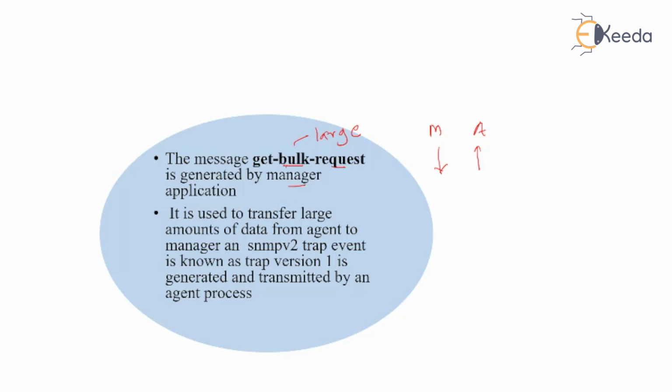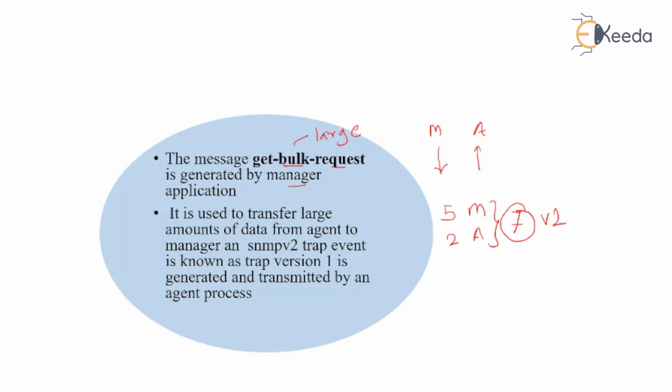And as the request is initiated by the manager, in SNMP V2, 5 messages are initiated by the manager and 2 messages are initiated by the agent. So the total number of events generated in the SNMP V2 architecture is 7.